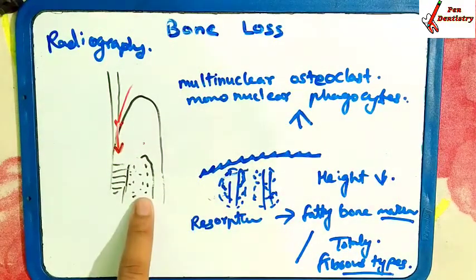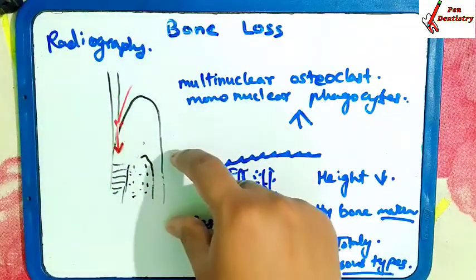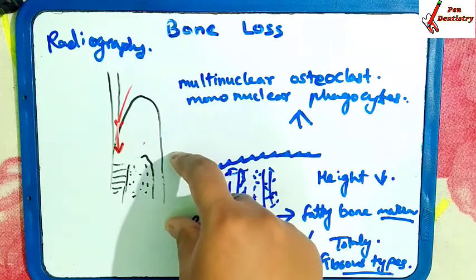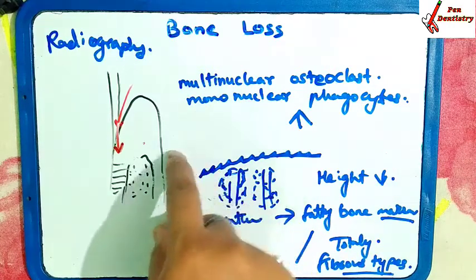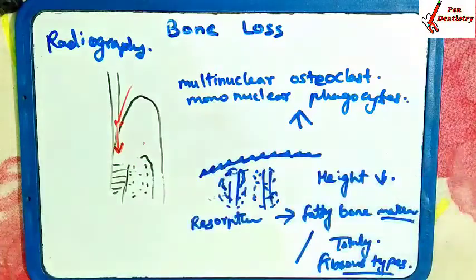You will see the exact height of the bone and the different types of bone resorption, whether there is one wall resorption, or whether the bone of all the teeth has resorbed.